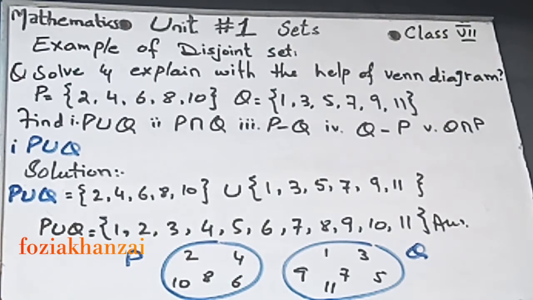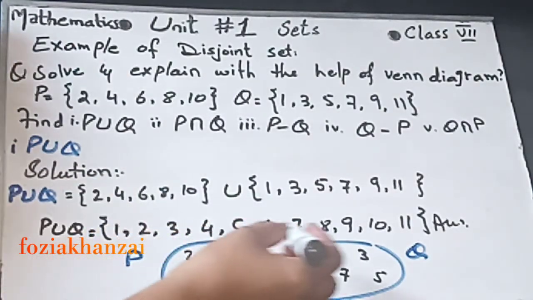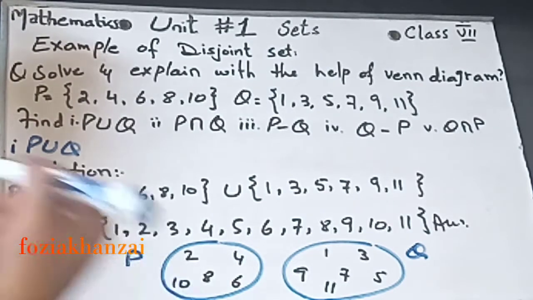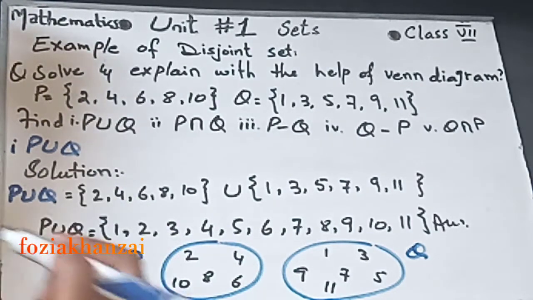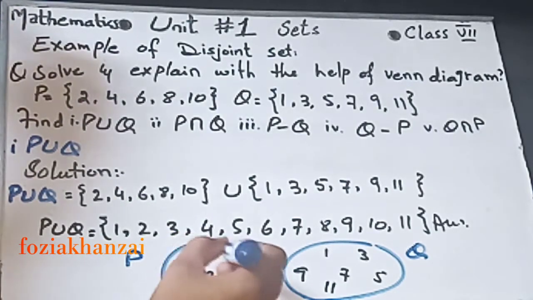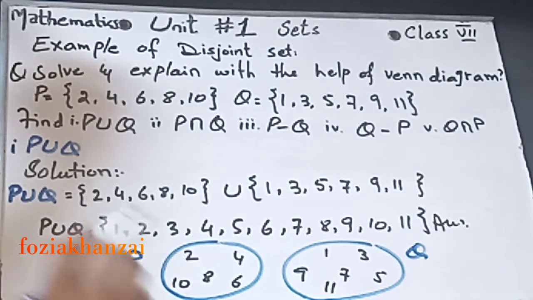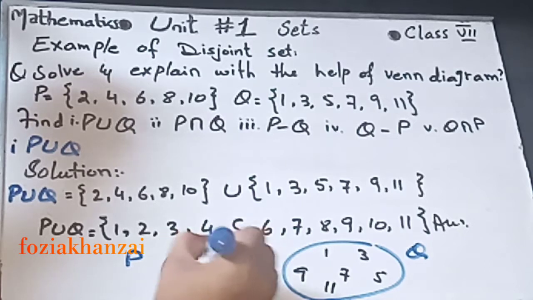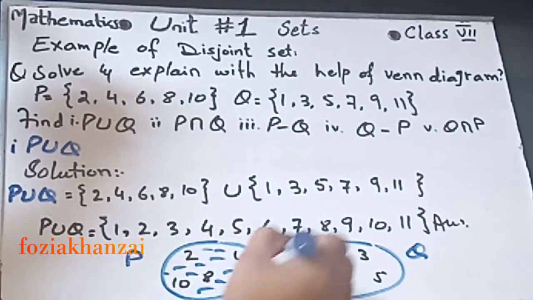Is it clear? But the answer is 1, 2, 3, 4, 5, 6, 7, 8, 9, 10 and 11. That's why we draw the shade: color, vertical line, horizontal line. It's up to you. Draw the full shade in the circles, vertical line, horizontal line or dots. It's your answer.